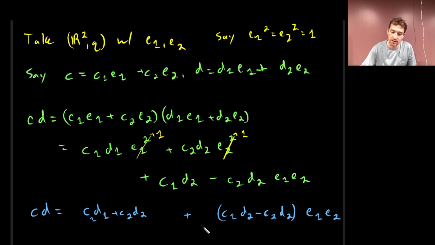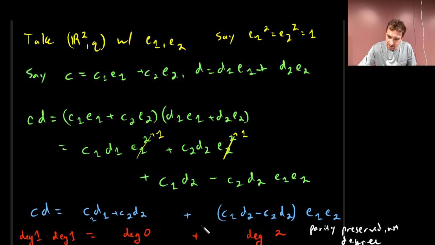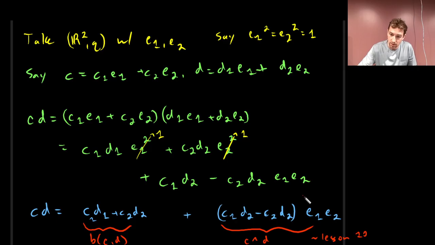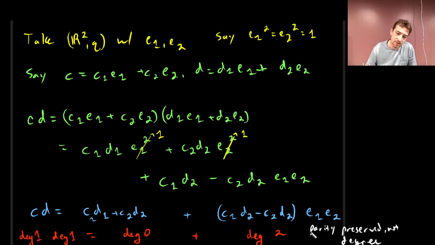Welcome to what we're going to find in just a second. Parity is preserved, not the degree. So this isn't going to be n-graded. This is going to be our super algebra. In the next video I'll talk about how part of the interest of the geometric algebra is that it ends up being a super algebra, not just an n-graded algebra like, say, the exterior algebra.